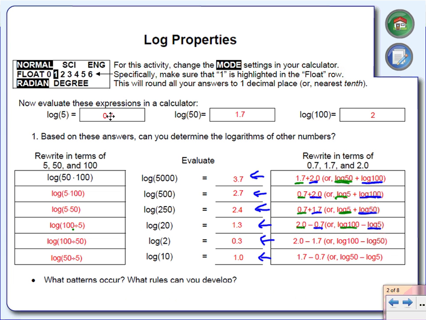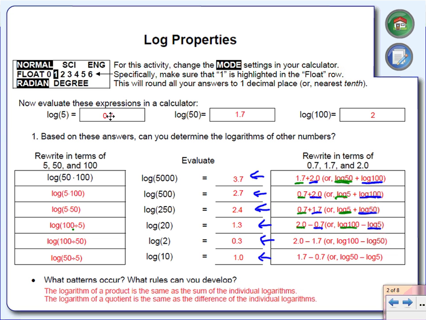So, what pattern occurs? What rule can we develop? Here's what I want you to write down for me. The logarithm of a product, that's referring to the first three that we saw over here, product. Product means multiply. The logarithm of a product is the same as the sum of the individual logarithms, which is what we got over here on the far right-hand column.